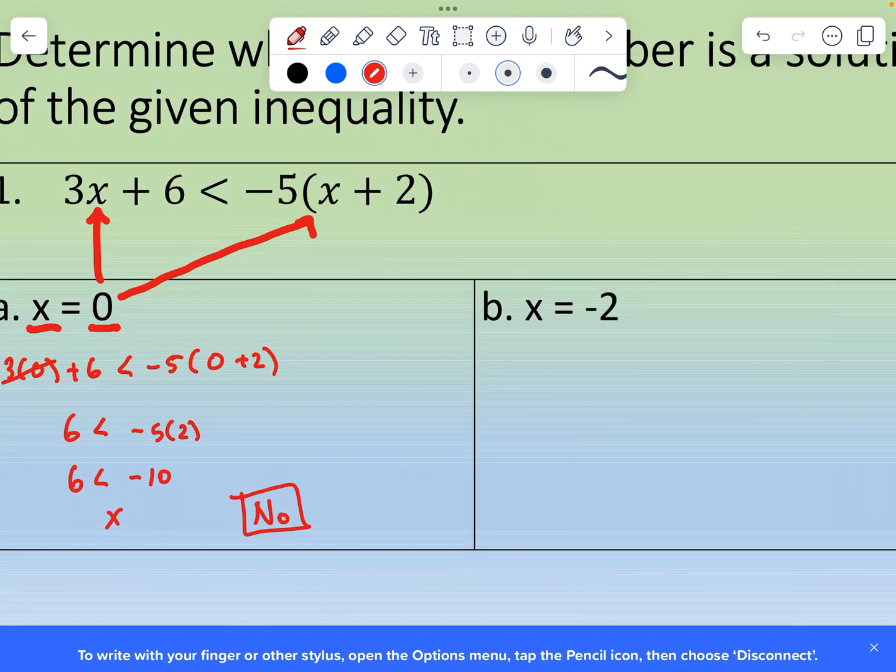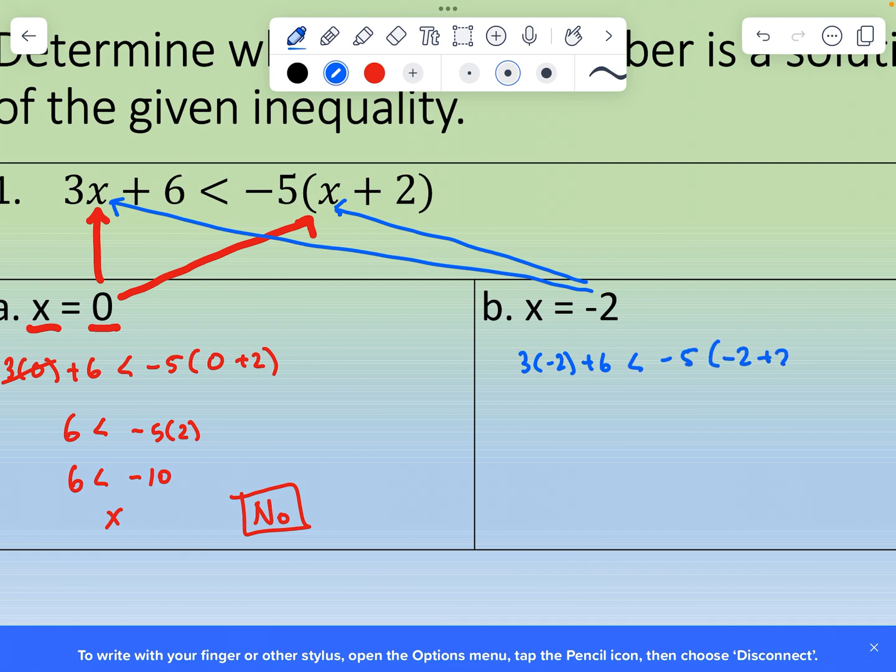Let's do the same thing for b. We're going to take -2 and plug it in for our x's. So we get 3 times -2 plus 6 is less than or equal to -5 times (-2 plus 2). All right, so we get -6 plus 6 is less than or equal to -5 times 0, and we get 0 is less than or equal to 0.